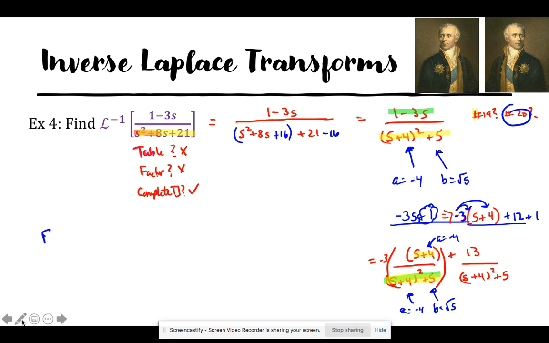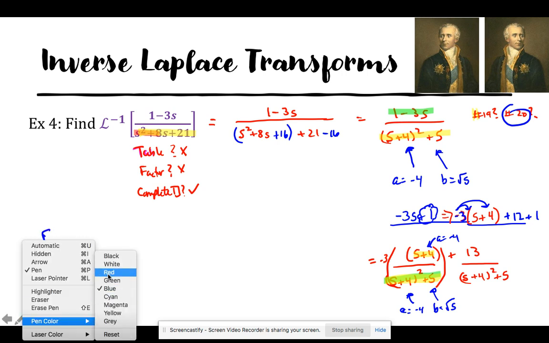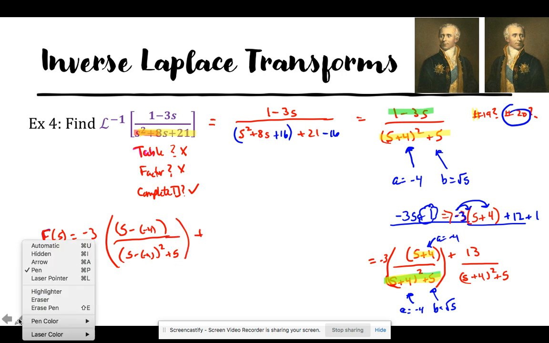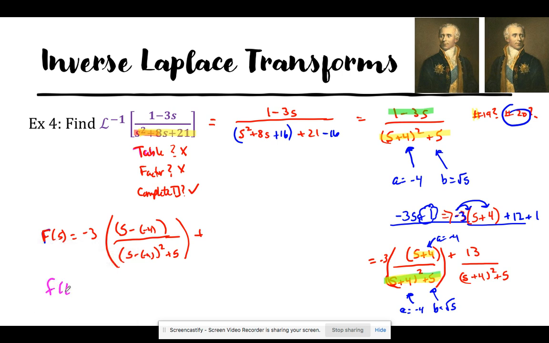So over here, f of s, who is this part going to be?